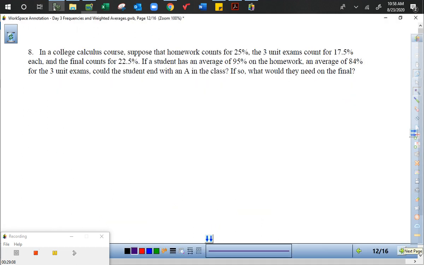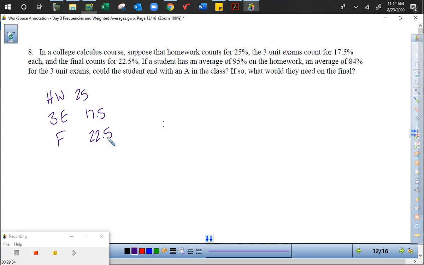Next up, it says in a college calculus course, suppose homework counts for 25. I'm going to go ahead and write this out so we have this organized information. Sorry, my pen died there. So homework is 25, and then it says 3 exams are 17.5 each, and then it says the final is 22.5.